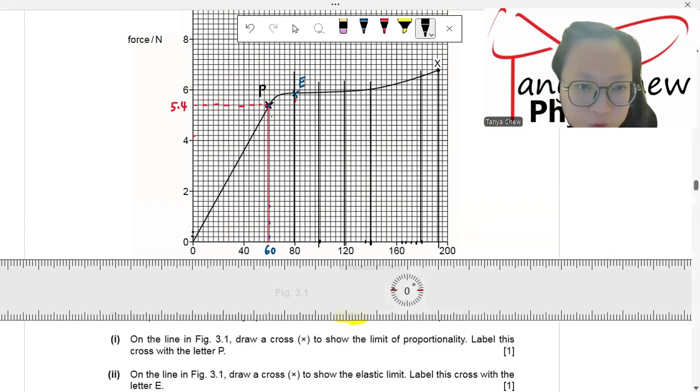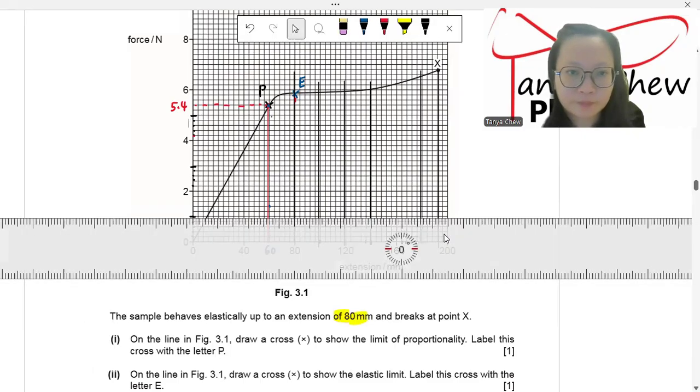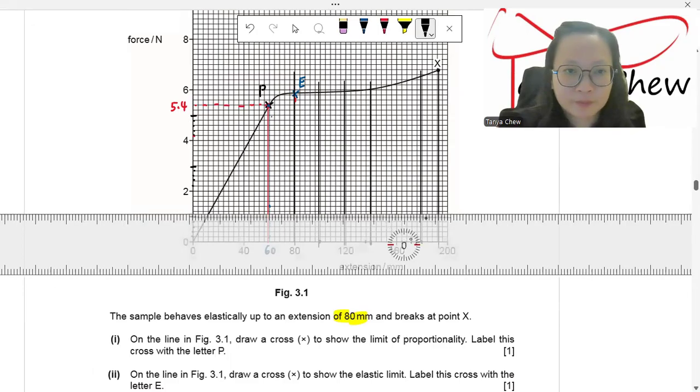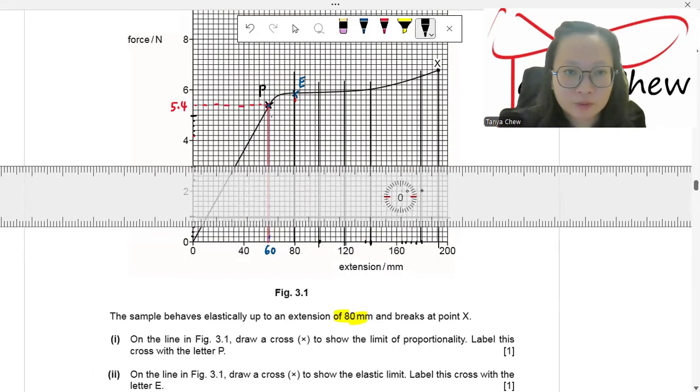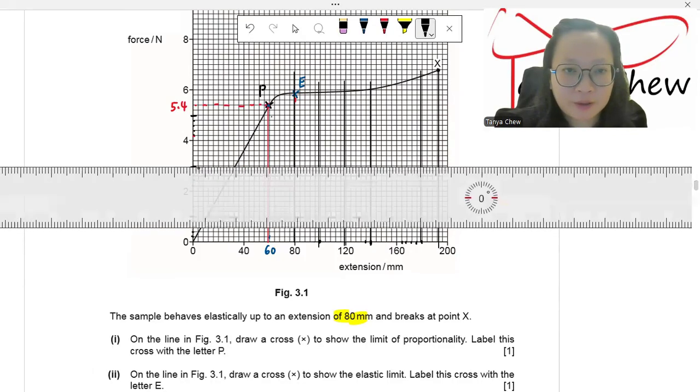So this is 1, 2, 3, 4, 5, and then 1, 2, 3, 4, 5. Okay, let me draw it right now. Like this.